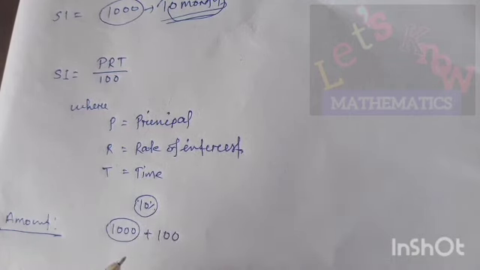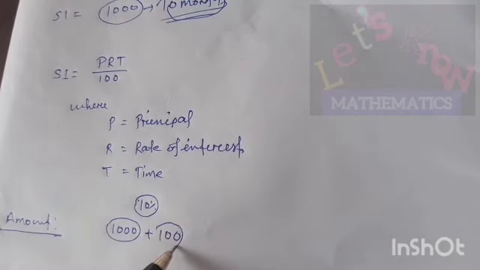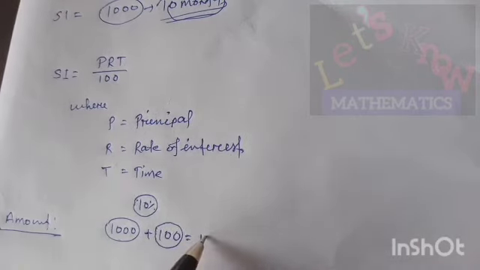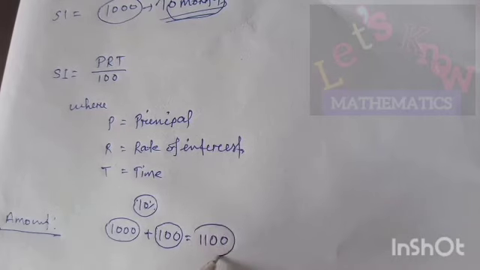So you will get 100 rupees as interest. So after 1 month, when you take this money back in your hand, you will get 1000, which is your principal, and 100, which is your interest. So how much money will you get? 1100, right? So this 1100 will be the amount.